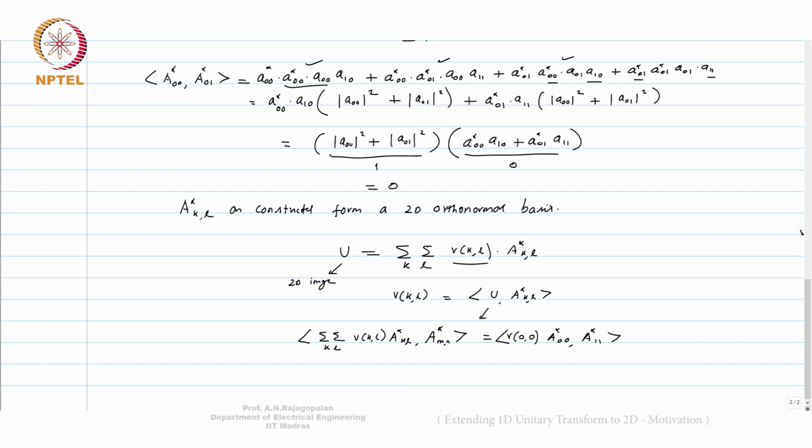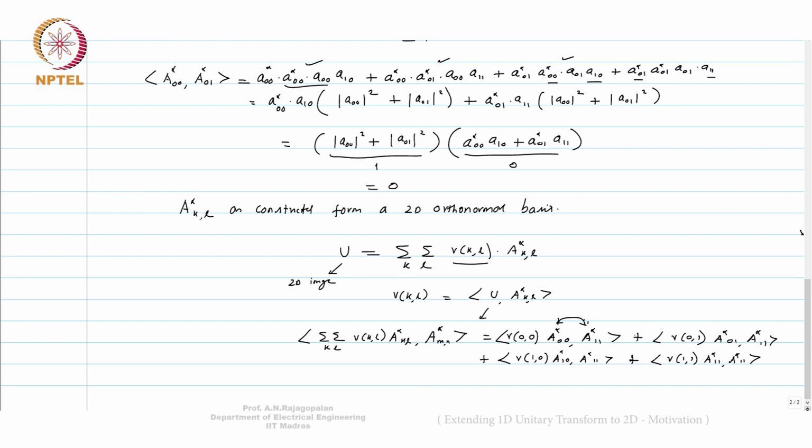Okay, then you will have plus inner product V01 A star 01 with A star 11, plus inner product V10 A star 10 with A star 11, plus inner product V11 A star 11 with A star 11, right? And we know that out of all this, V00 will come out into the inner product of this, plus V01 into inner product, and we know that the inner product of all these guys is 0, because they are not identical.